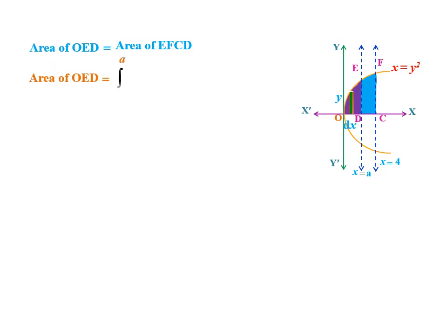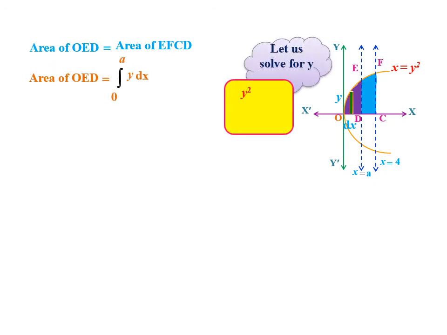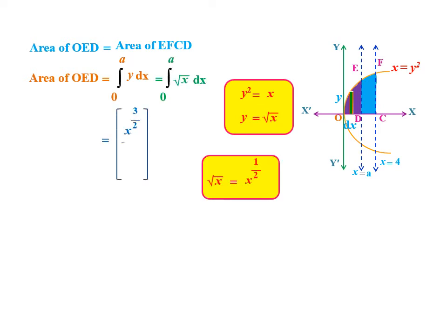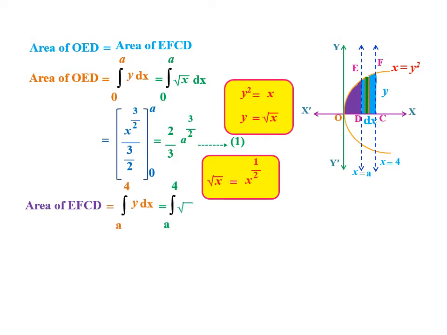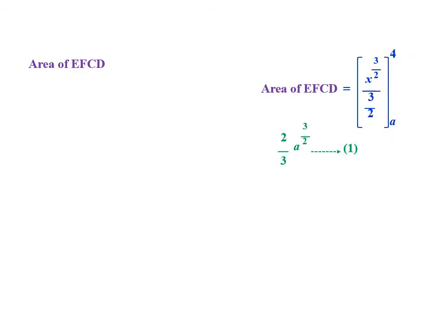Therefore, area of OED is equal to integral 0 to a y dx. Area of EFCD is equal to, so x raised to 3 by 2 upon 3 by 2. On simplifying, we get 2 by 3 a raised to 3 by 2, which is equation 1. Next, area of EFCD will be integral a to 4 y dx, which is equal to integral a to 4 root x dx, x raised to 3 by 2 upon 3 by 2 under the limits, 4 raised to 3 by 2.